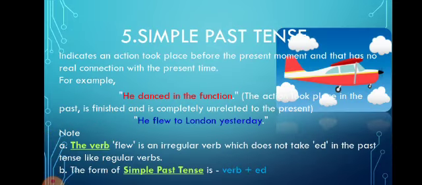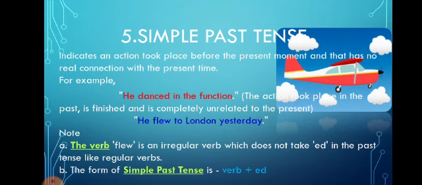Okay, let's move to the other tense. Simple past tense. It indicates an action took place before the present, that means in the past, that has no real connection with the present. That has nothing to do with the present. For example, he danced in the function. What did he do? He danced.